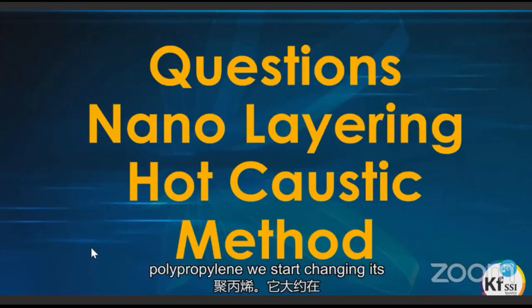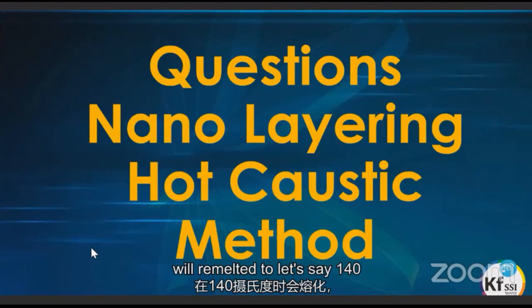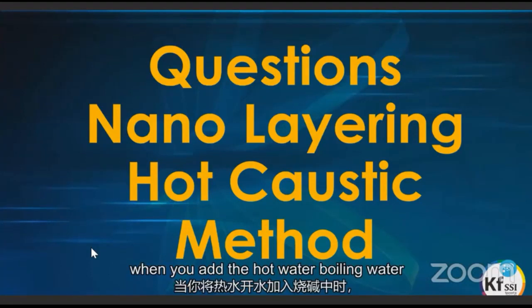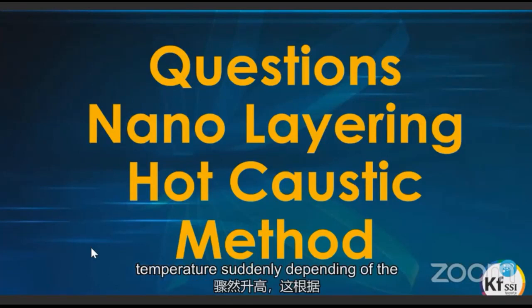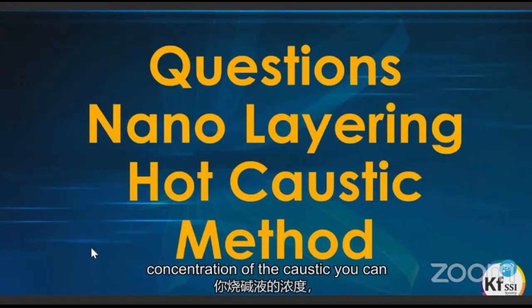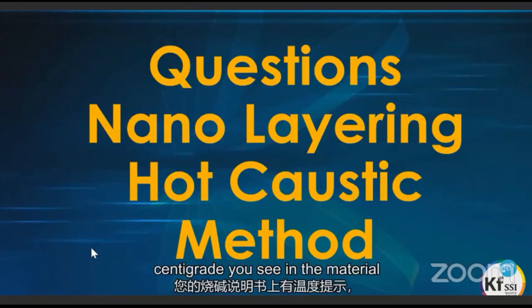Polypropylene will start changing its shape at about 120 centigrade. And it will melt at, let's say, 140 centigrade. And you have to understand, when you add hot water, boiling water to the caustic, that will increase its temperature suddenly. Depending on the concentration of the caustic, it can rise up to 105, 110, or 120, or 130 centigrade.